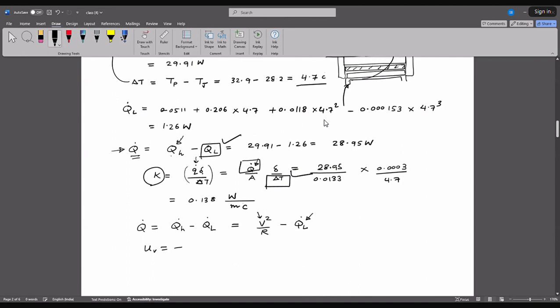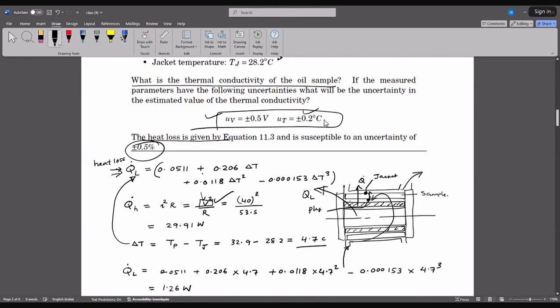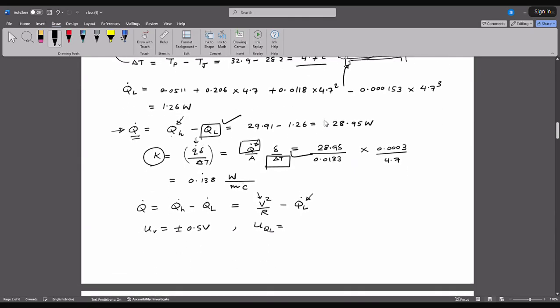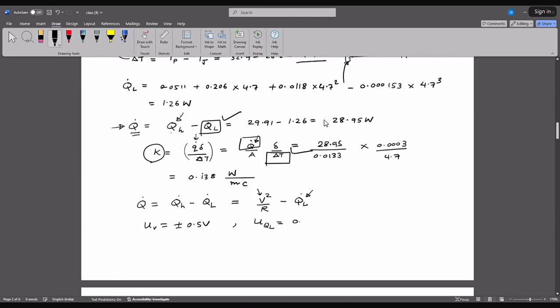The uncertainty in QL, the heat loss, is 0.5%, so that is 0.5 divided by 100 times the heat loss, 1.26.